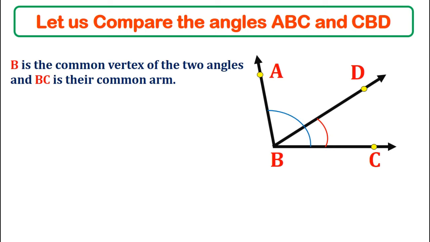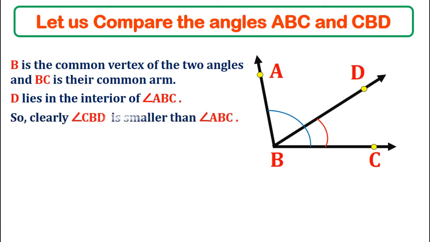We can clearly see that B is the common vertex of the two angles and BC or CB is their common arm. As we can see that D lies in the interior of the angle ABC, it clearly shows that angle CBD is smaller than angle ABC.